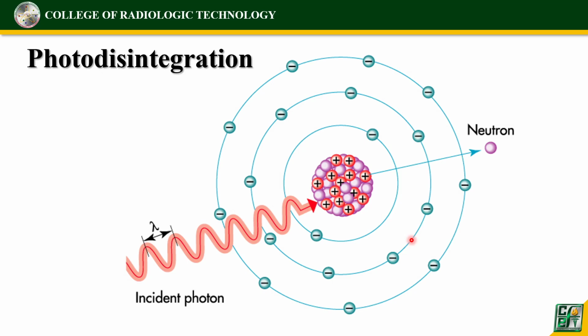The nucleus absorbed all of the energy and thus ejected a neutron. Either a neutron or a proton can be ejected. Whenever a nucleon is ejected, the atom will become radioactive.